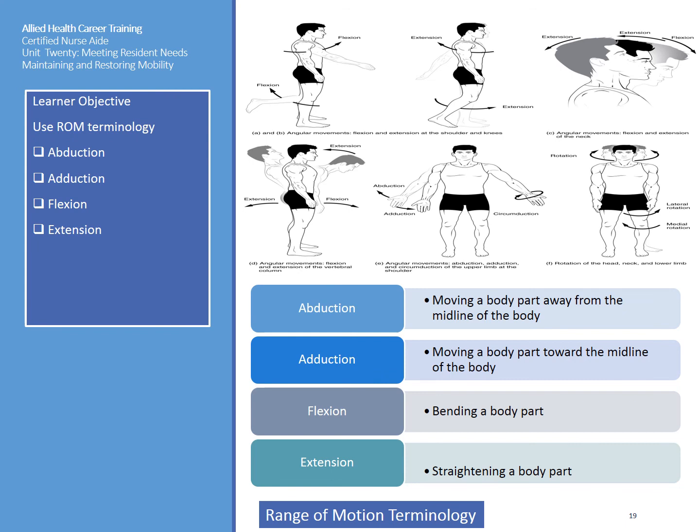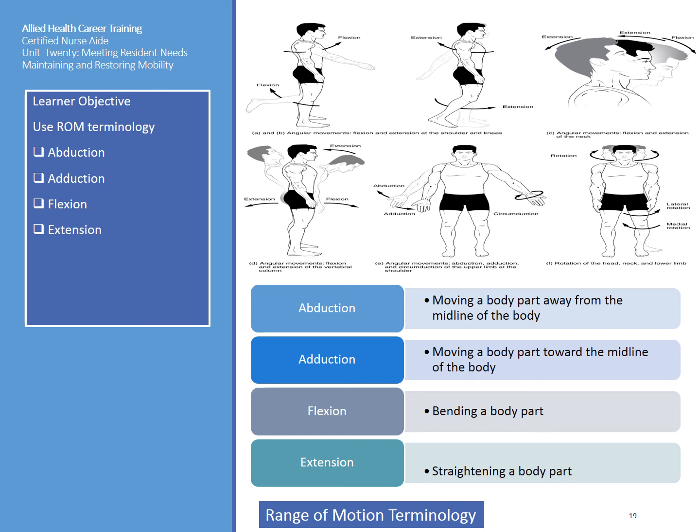Now we're going to talk about some range of motion terminology. Abduction is moving a body part away from the midline of the body. Adduction is moving a body part towards the midline of the body. So this is how I remember it. Abduction, moving away from your body.